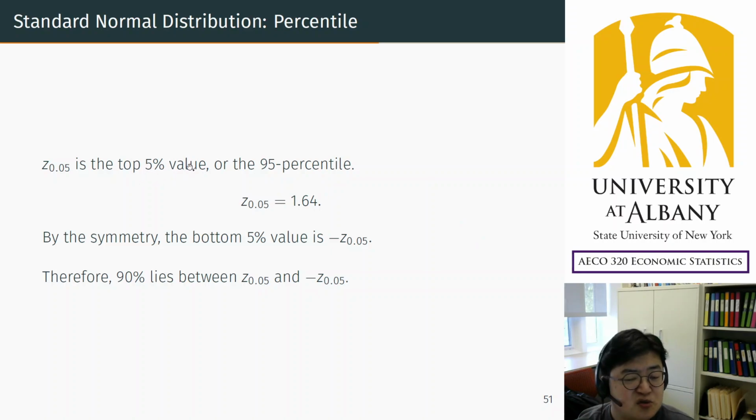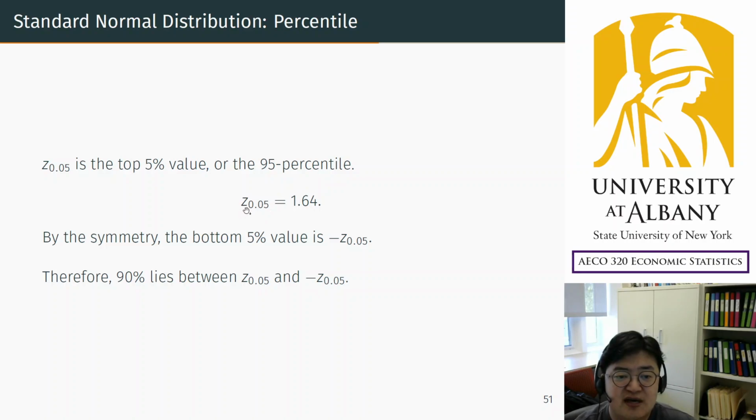Also, this is actually, in some sense, not much of a problem because in standard normal distribution, if it's positive, it is on the larger side. If it's negative, it's bottom side. So you can tell if it's counted from the bottom or the top. Also, usually later we are going to use it this way.